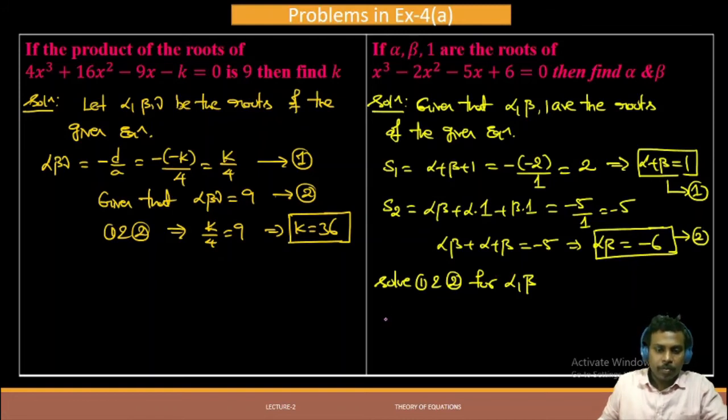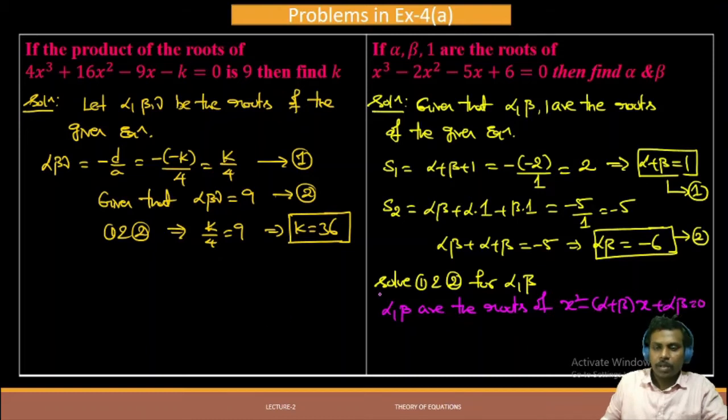So alpha comma beta are the roots of x square minus of alpha plus beta into x plus alpha beta is equal to 0. Now apply that. You have alpha plus beta here and alpha beta is equal to minus 6. So that is x square minus x minus 6.